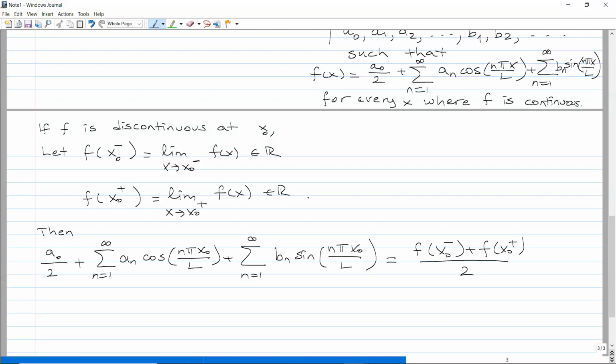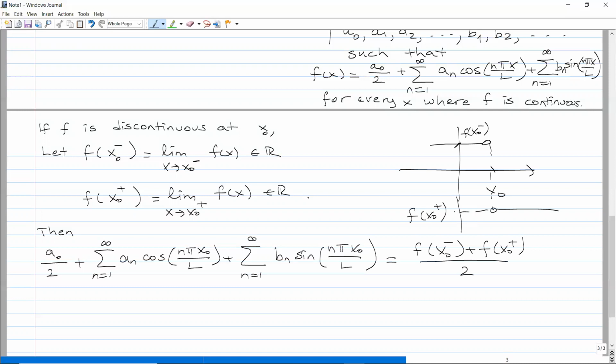Okay, so at the point x0, f of x0 can be anything, but let's say this number is f x0 minus, and this number is f x0 plus.